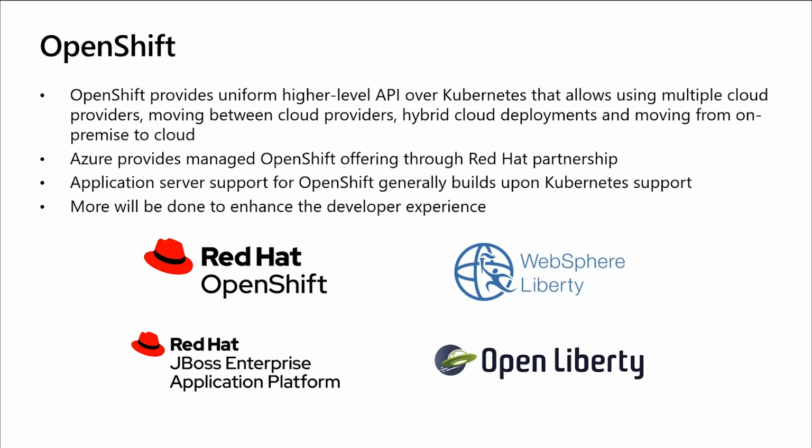There are a number of customers that are interested in OpenShift, and we have a very mature offering right now that is a managed OpenShift instance. It's called Azure Red Hat OpenShift. Again, we are making sure that all of the key runtimes, namely JBoss EAP, WebSphere Liberty, and Open Liberty, work extremely well on OpenShift, and you have the guidance to do all of that and potentially marketplace solution templates.